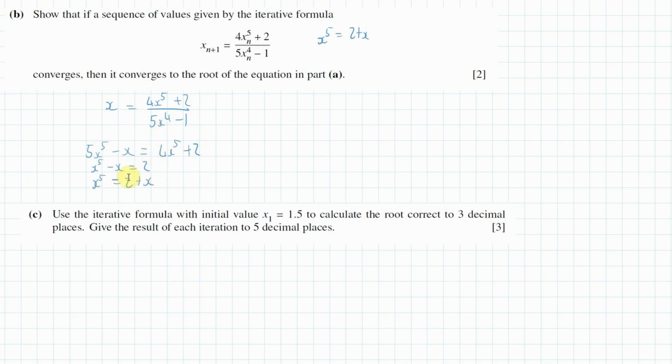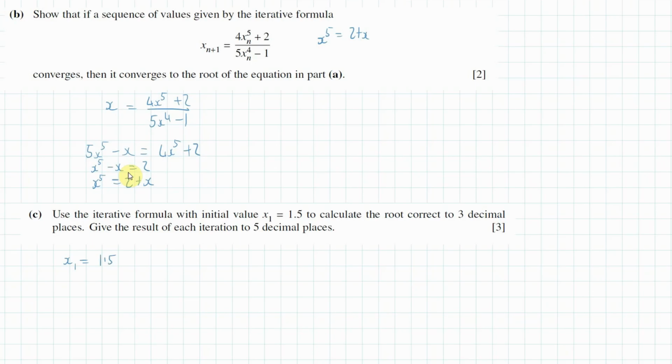There's my 2 points. And then the last bit is using the iterative formula with initial value of x1 equals 1.5 to calculate the root to 3 decimal places. So you know how to do this on your calculator. I think everybody got it from this point correct. So all you need to do is type on your calculator, on the top of the fraction, 4.